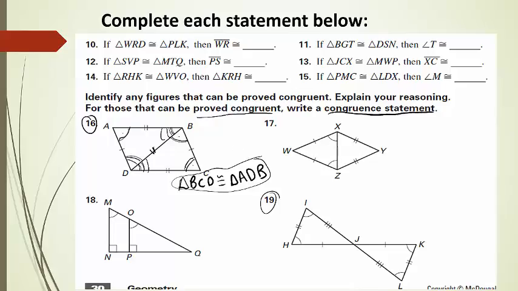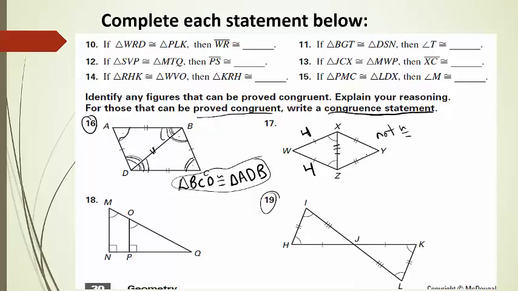In number 17, go ahead and put 3 tick marks here because it is the side that's congruent to itself. Now these are actually not congruent. Even though you see tick markings, if we let this side be 4, then this one would also have to be 4.